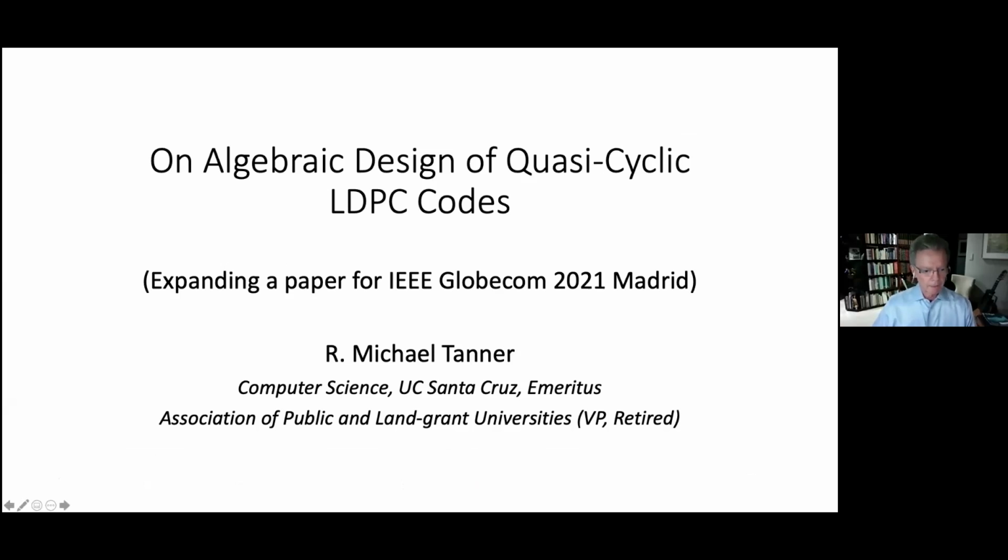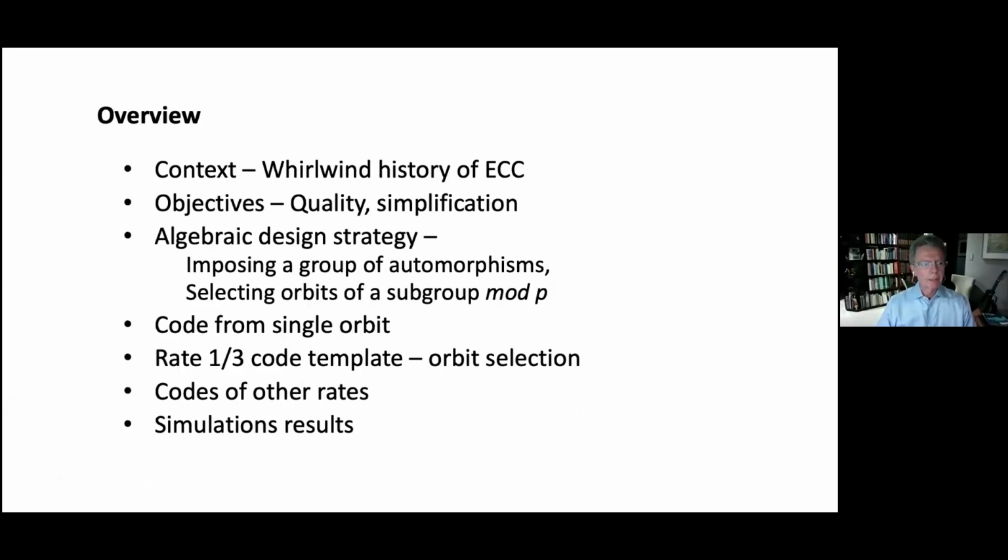This is expanding based on interactions I had with Darius Gibsalar on a paper I had prepared for GlobeCom, coming up at the end of this month or beginning of December. I'm going to give you a whirlwind tour of error correcting coding from my perspective, and say what my objectives were in doing this work: to see if I could get higher quality codes with considerable simplification of the description of the codes and the circuitry.